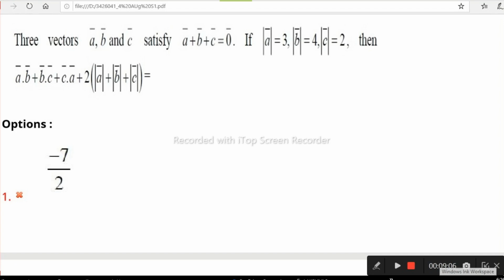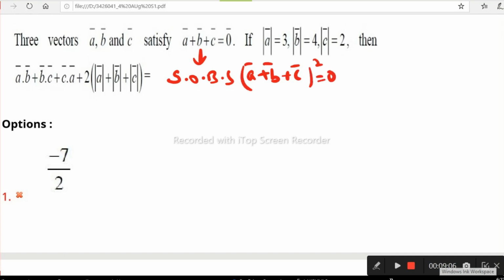Okay, it's so simple. You have to first calculate a dot b plus b dot c plus c dot a. From the given result a plus b plus c is 0, we can take squaring on both sides. By squaring on both sides, we get a plus b plus c whole square, which is 0.